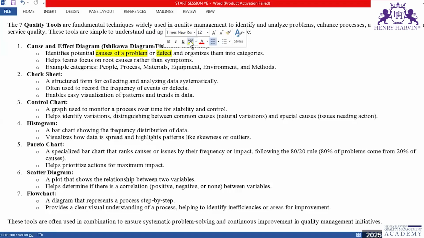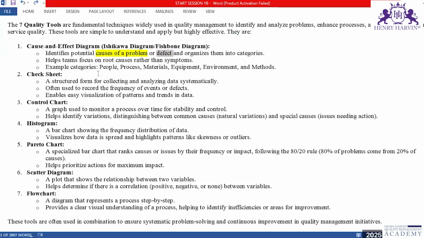It means you can talk about the problem and bifurcate it, or you can talk about the error, mistake. So cause, what is the reason behind it? You can call it causes of the problem or defect. What is the reason for that defect? So basically we are looking for the cause of the problem. Now it helps the team focus on the root causes rather than symptoms.